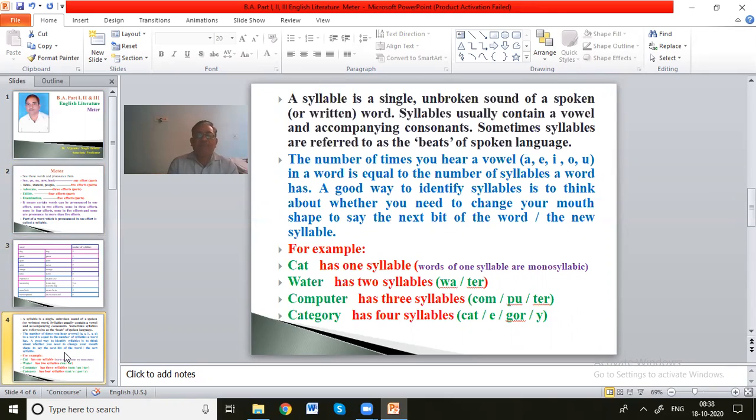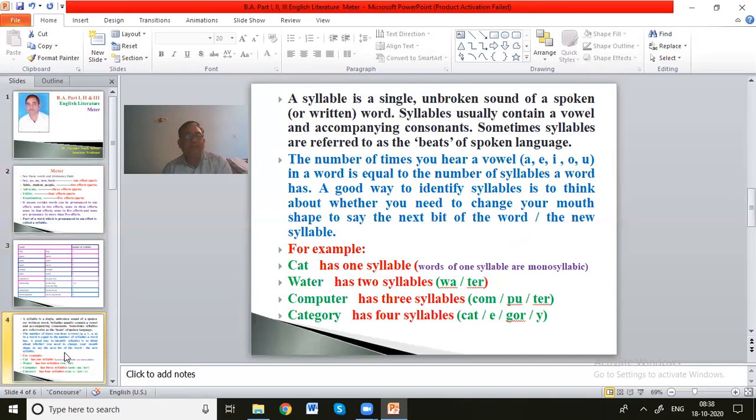A good way to identify syllables is to think about whether you need to change your mouth shape to say the next bit of the word, the new syllable. If we change our mouth shape, it means we have another syllable in that word.